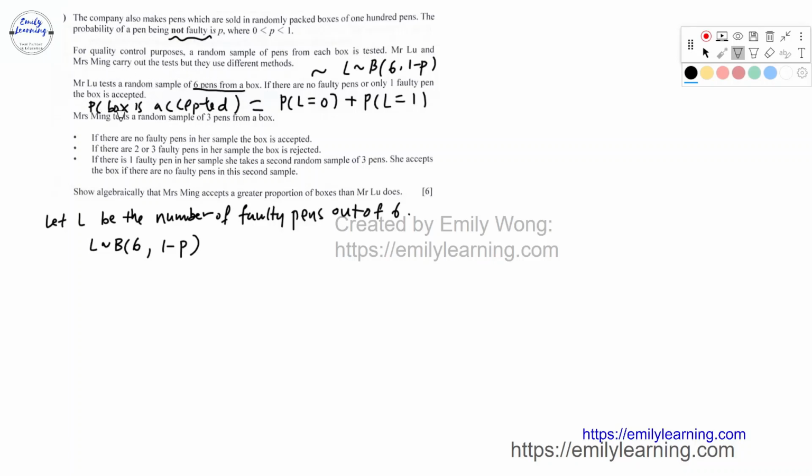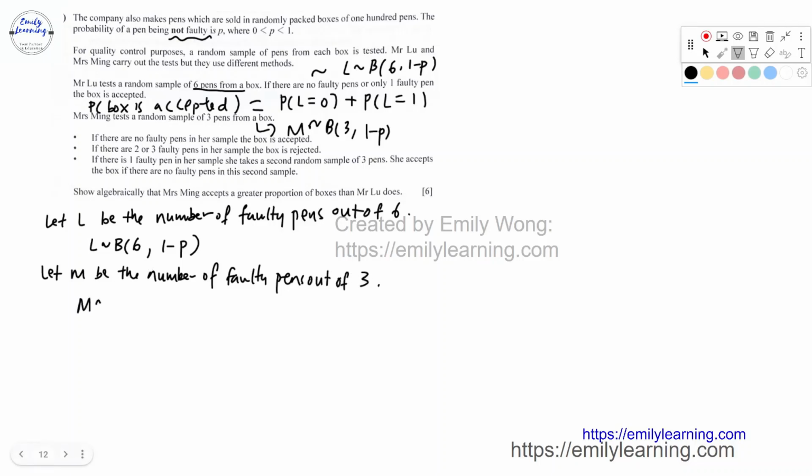For Mrs. Ming, she tests a random sample of 3 pens from a box. So let M be the number of defective pens tested out of 3.